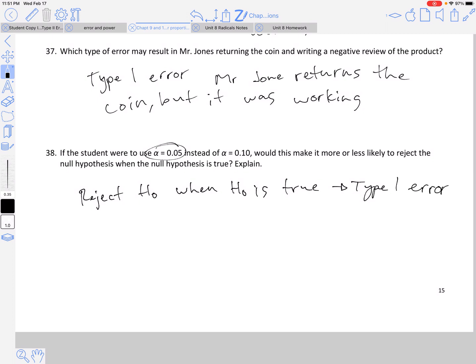Memorize that. Reducing our alpha will make a type 1 error less likely.